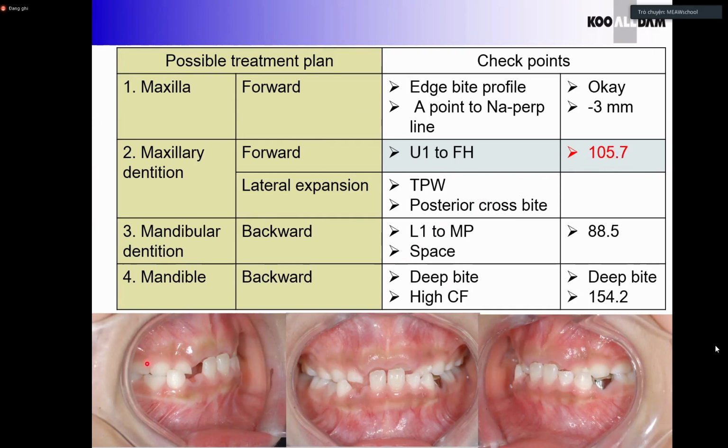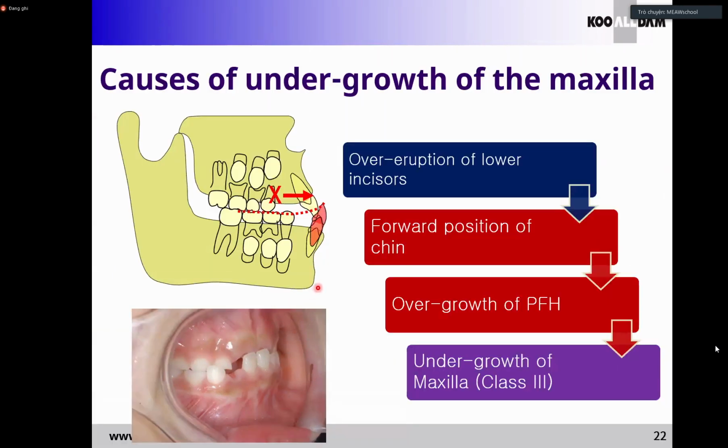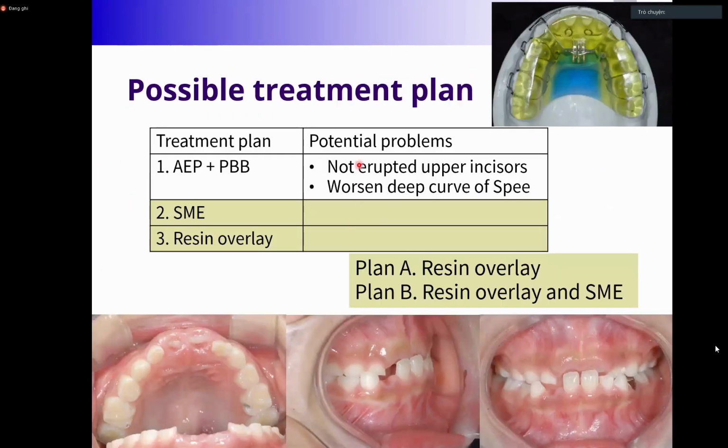However, we can see this excessive curve of Spee in the lower arch. So over-eruption of the lower incisor, forward position of the chin, over-eruption of posterior facial height and undergrowth of the maxilla. So it may cause undergrowth of the maxilla, class 3 malocclusion.